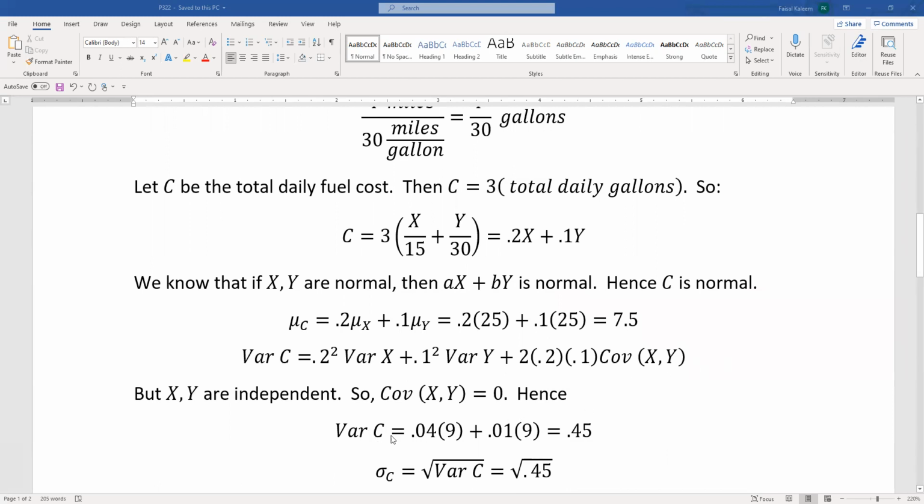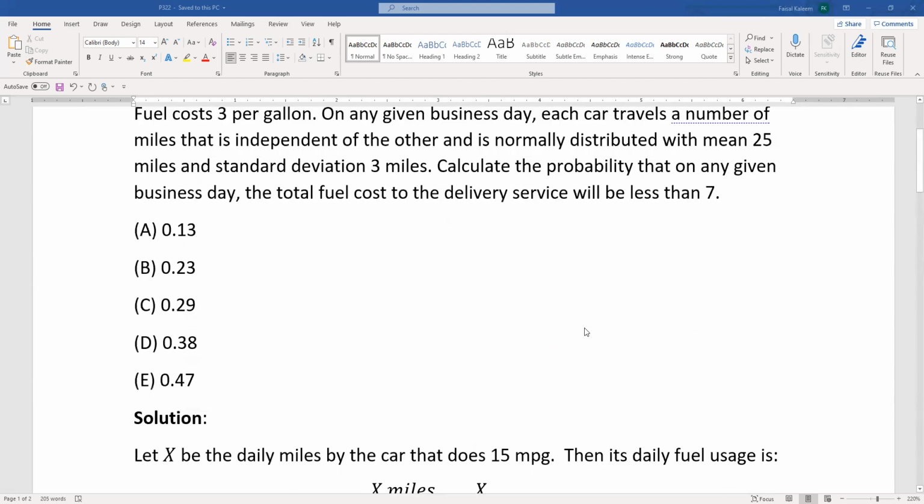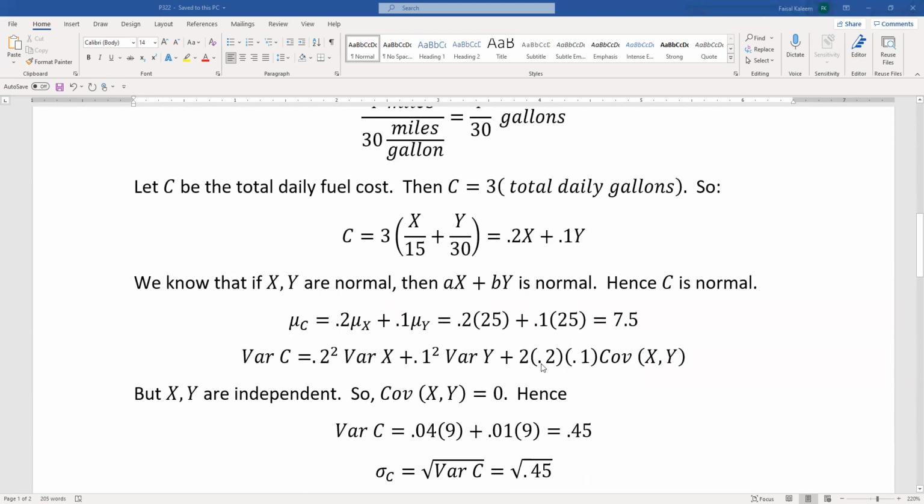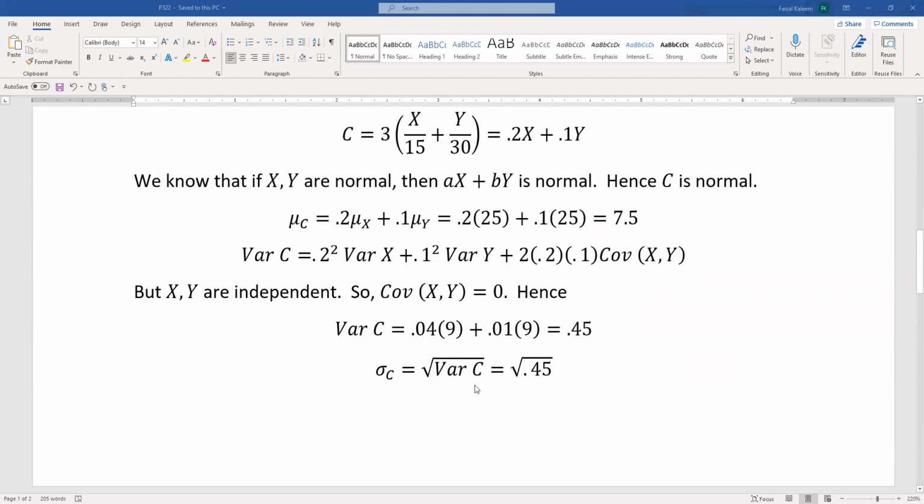So variance of C equals 0.2 squared, which is 0.04, times the variance of X, which is 9 because the standard deviation of X is 3 and the variance is the square of that. Then 0.01 times 9 for Y, whose variance is also 9. That ends up being 0.45, and the standard deviation of C is the square root of variance, the square root of 0.45.